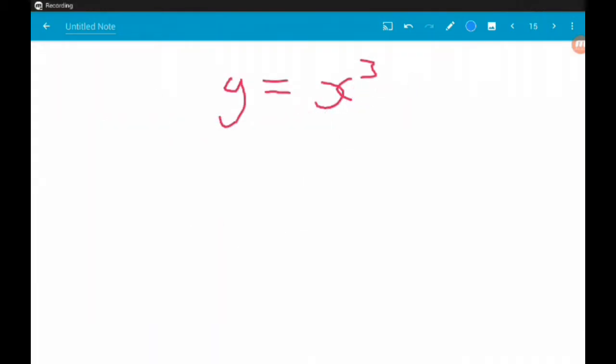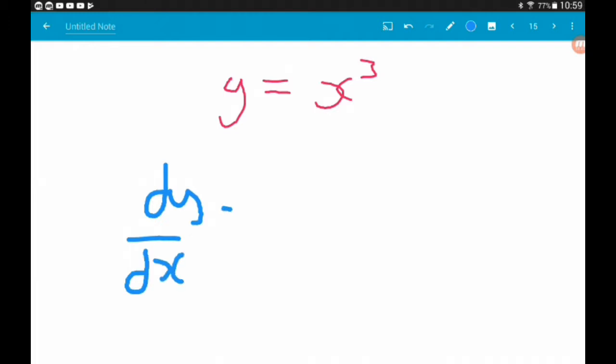Okay, first example. So y equals x cubed, and we want to find the derivative. So dy by dx is going to be, well, the power of 3 comes down and multiplies the expression. So we're going to have a 3. Then we're going to have x. Now what happens to the power is it gets reduced by 1.